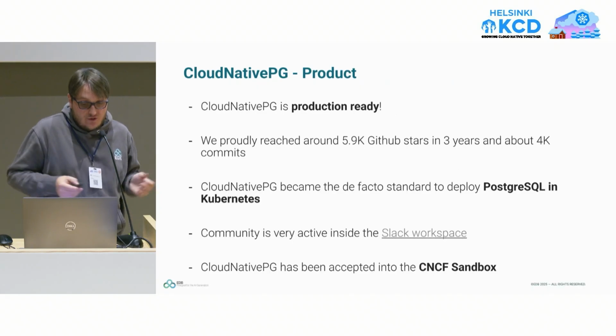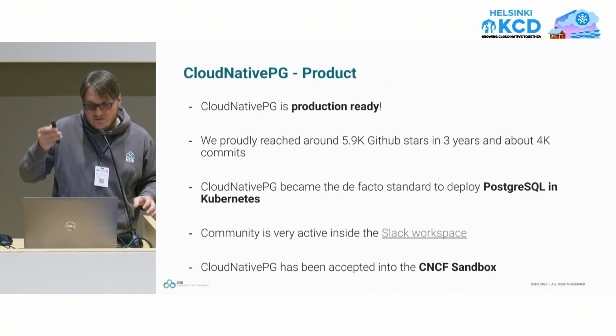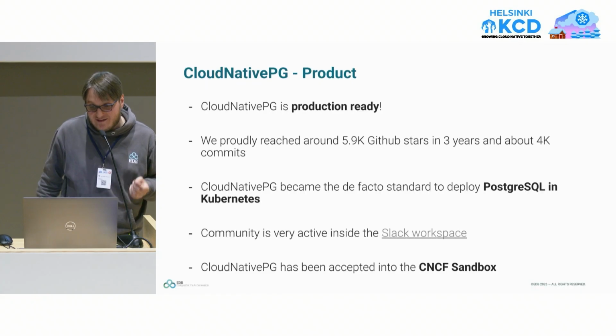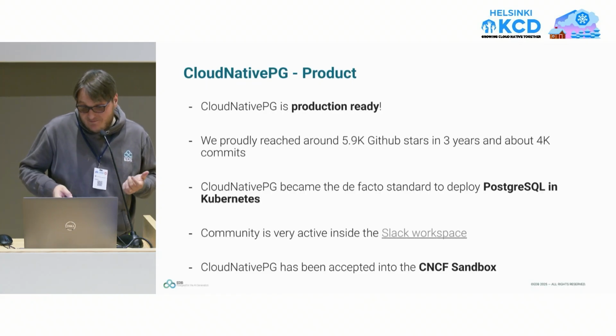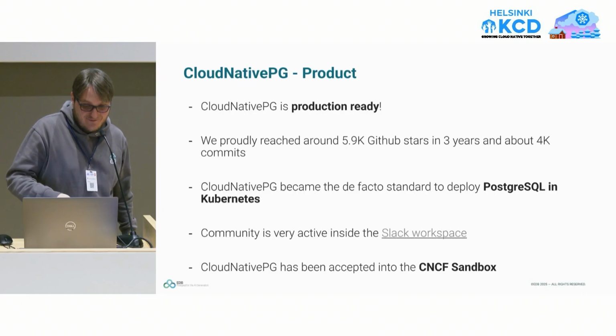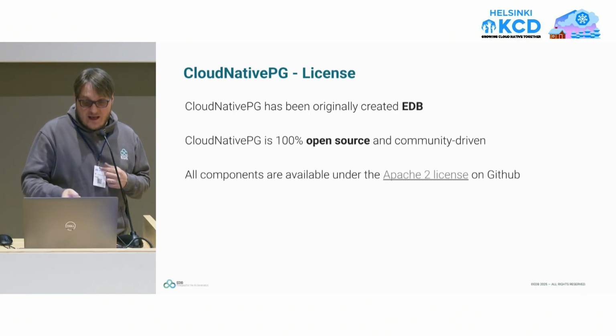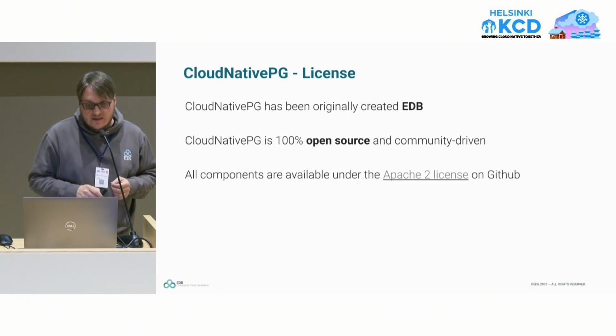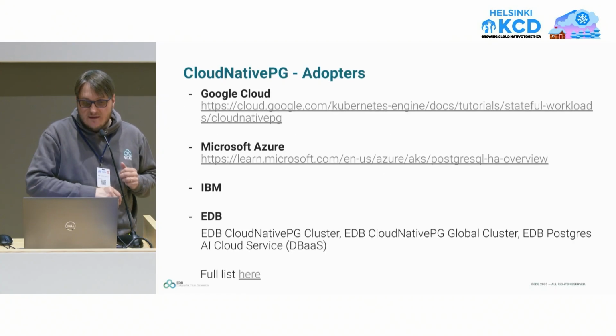CloudNativePG is production ready. We have almost 6K GitHub stars, and again, I say again that it is a CNCF Sandbox project now. And also, it is completely open source. It was created at EDB, but donated to the community with the Apache 2 license.